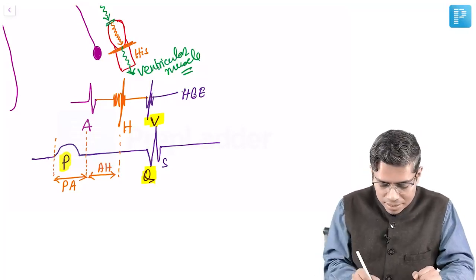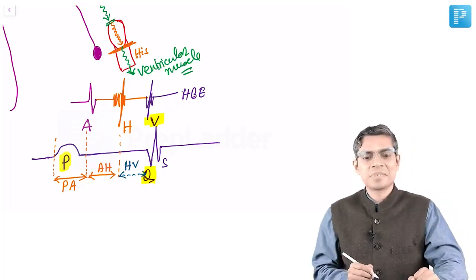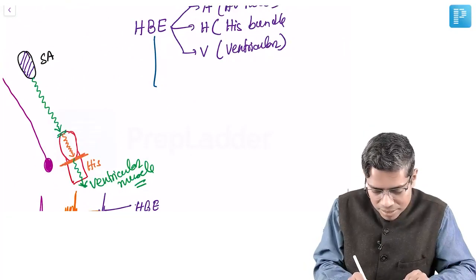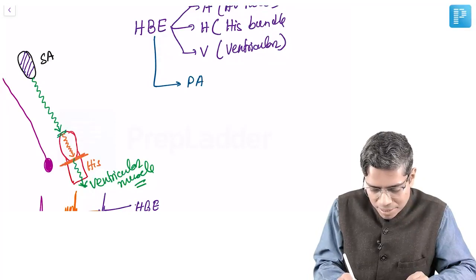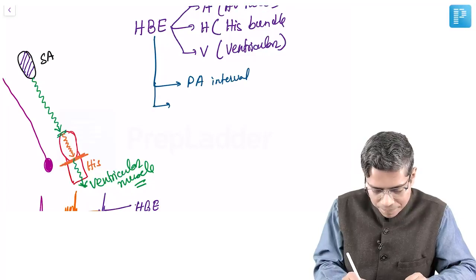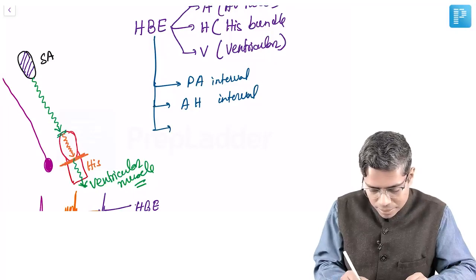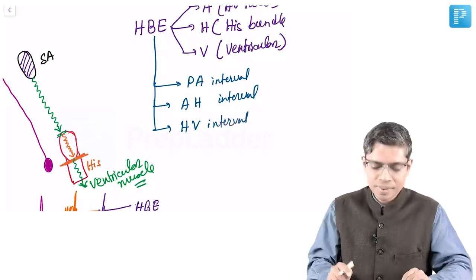And if I measure the interval between this H and V, then that will be known as HV interval. So simple thing is that this His bundle electrogram contains three intervals: first the PA interval, second the AH interval, and third the HV interval. Getting my point?